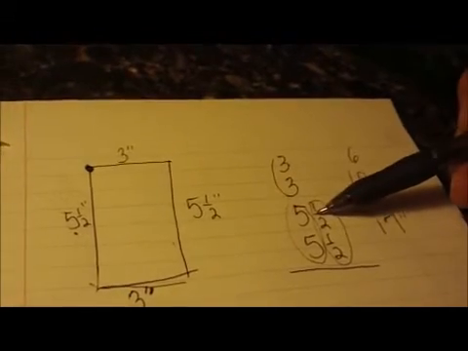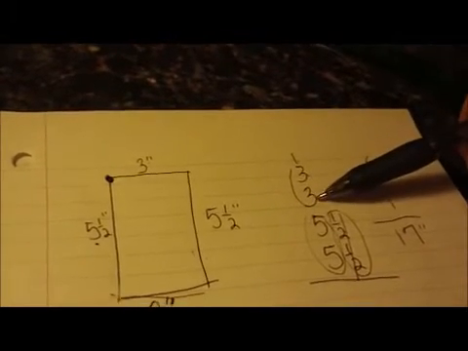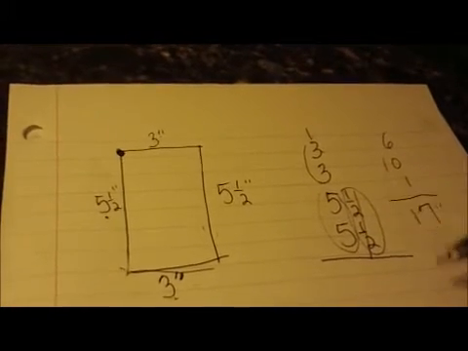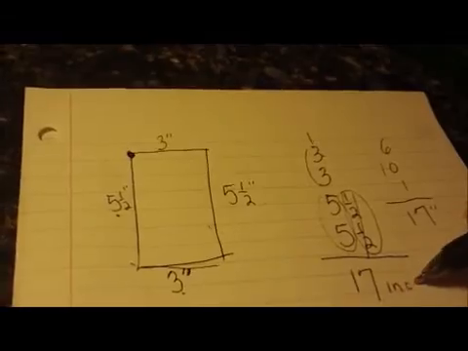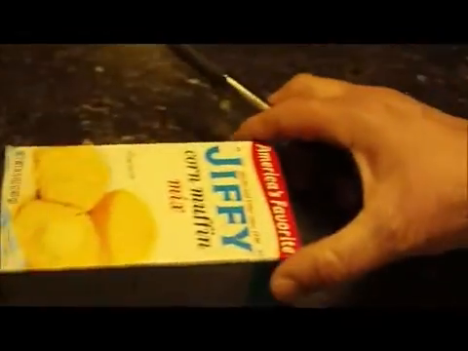Or I could have said this half plus this half is 1 and carried my 1. 1 plus 3 is 4, plus 3 more is 7, plus 5 is 12, plus 5 more is 17. And again, I've got 17 inches. So the perimeter of this rectangle, which represents this box, is 17 inches.